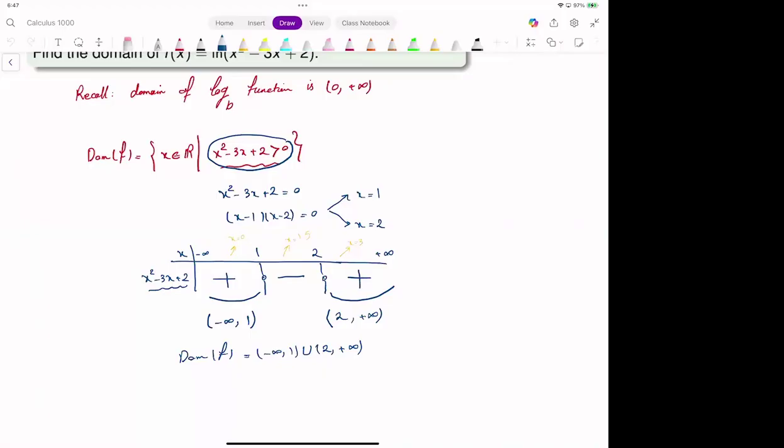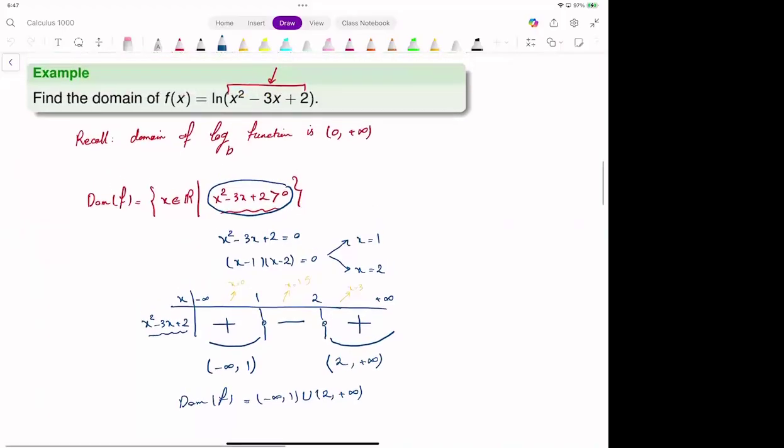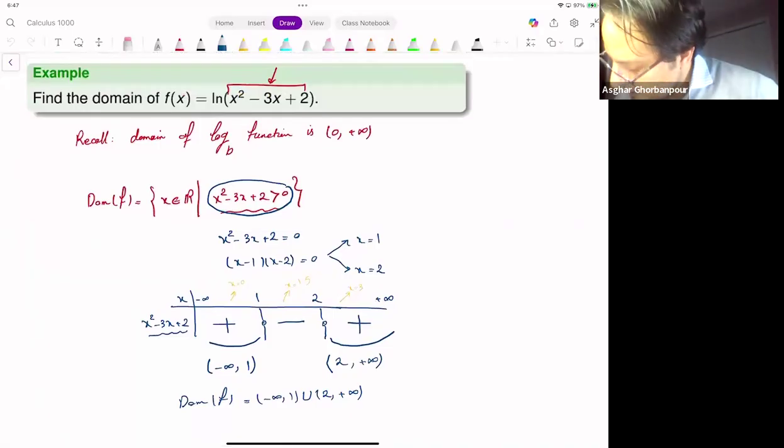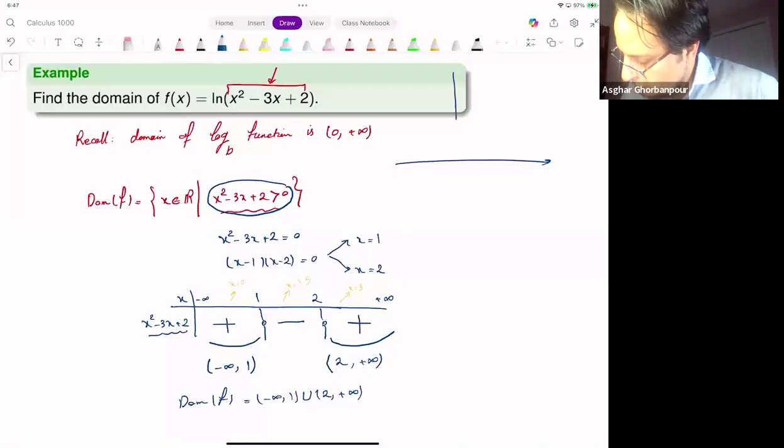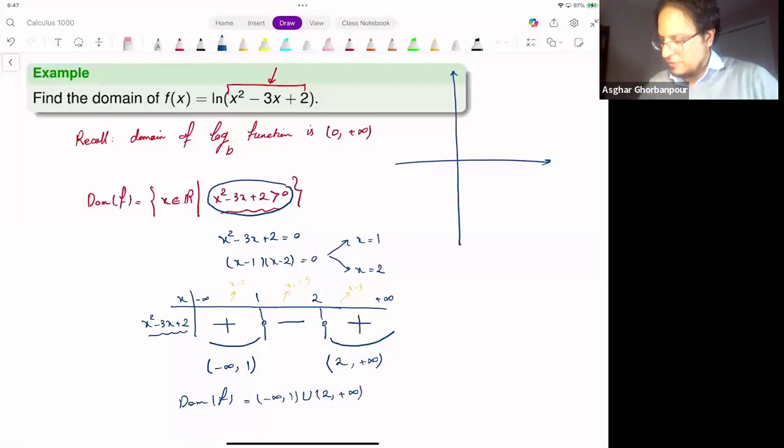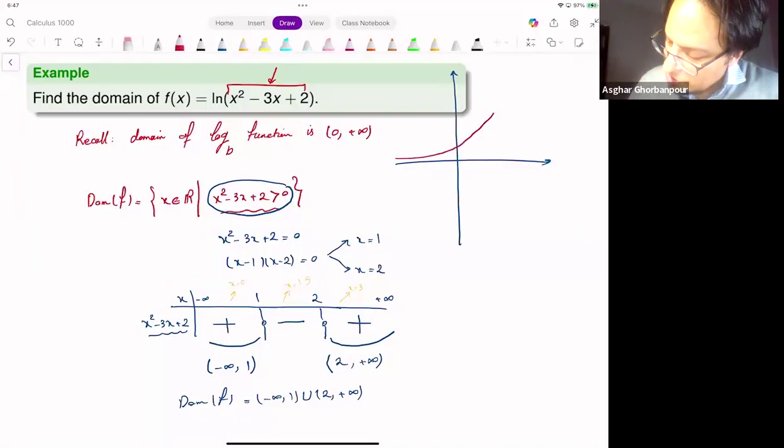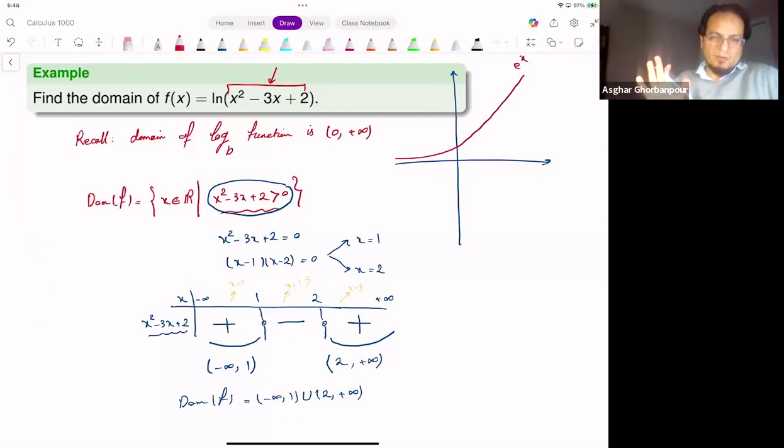Just to confirm, sir, what is the range of the log function? Could you please tell me? Okay, so the log function, you should know the graph for. This is maybe a quick review. Remember, the ln function, let's say the natural one, is the inverse of e to the power x.